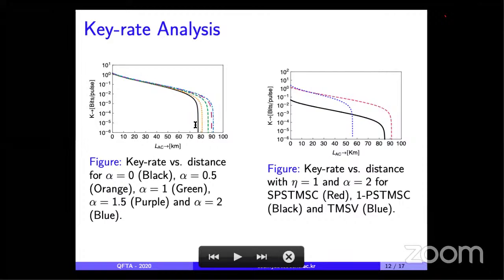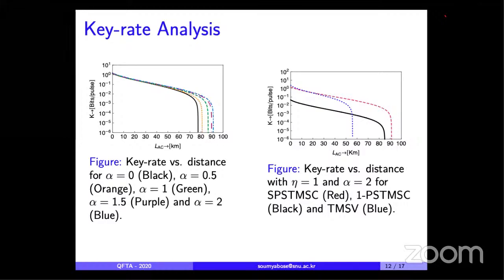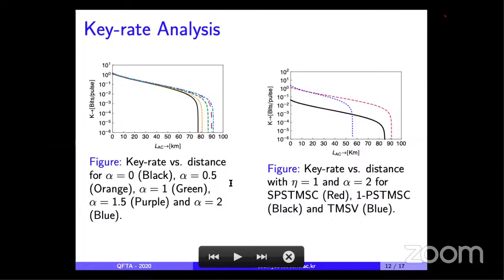You can see that even if you go beyond 2, the distance is more or less about 90 kilometers. So for the rest of the analysis, we kept alpha equal to 2. I mean, we analyze only those cases because this sort of gives the highest result.